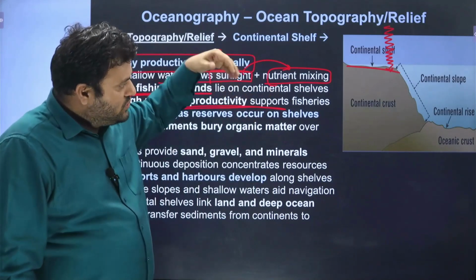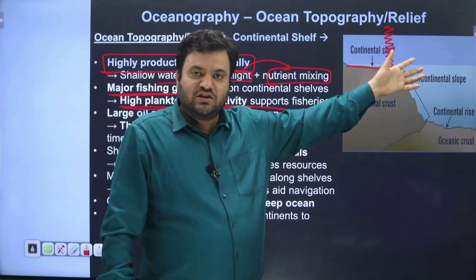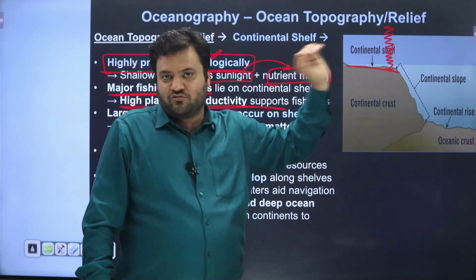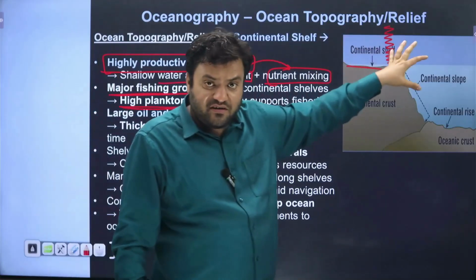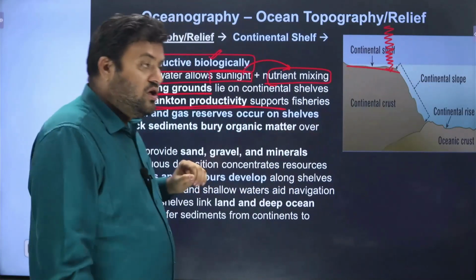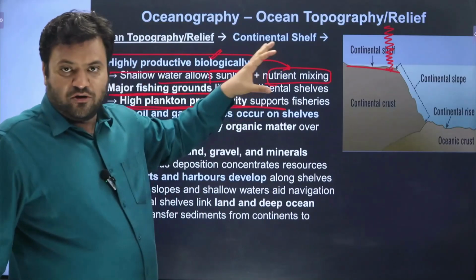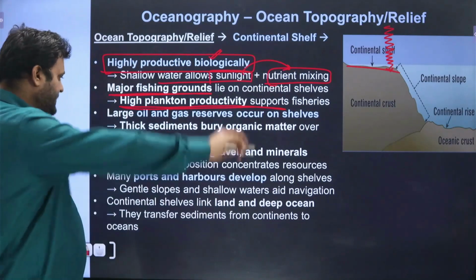So those activities are confined to the continental shelf. In the continental shelf, you will see a huge diversity of marine resources. Major fishing grounds are there in the continental shelf. If you see the Newfoundland and Japan coast, you will get to know that we have a huge continental shelf there.